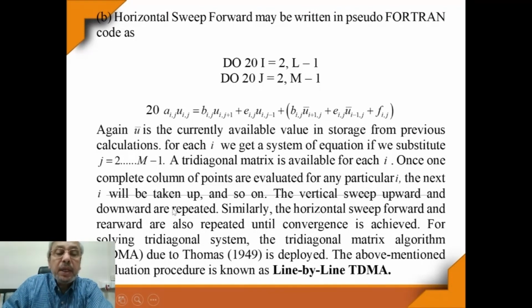Similarly, the horizontal sweep forward and rearward can also be repeated until convergence is achieved. For solving the tridiagonal system, the tridiagonal matrix algorithm TDMA due to Thomas, which we have already used, the Thomas algorithm, is deployed. So this is called line by line TDMA.